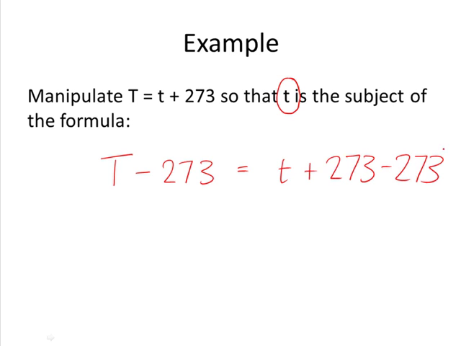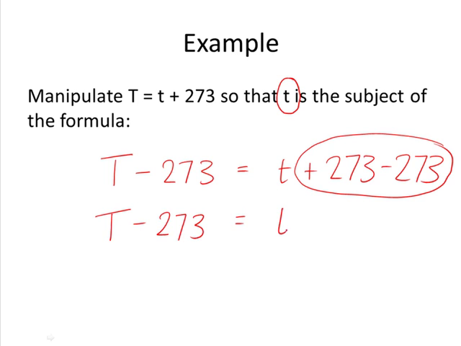We can see that on the right-hand side, the 273's cancel one another out to 0. So now we have capital T minus 273 is equal to small t. Remember that we can swap right and left-hand sides of the equation or formula, and so we have small t equals capital T minus 273.